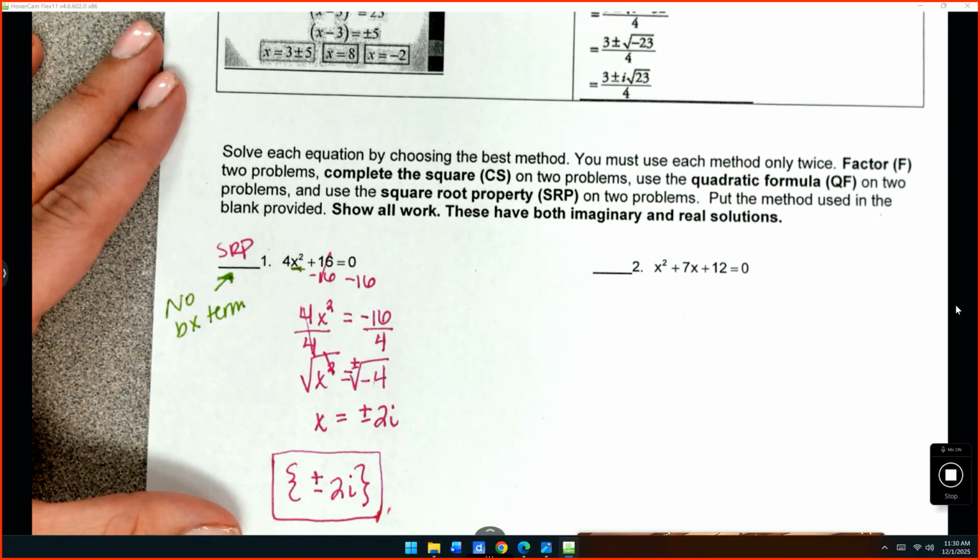And why am I going to do that? A equals 1. This doesn't factor. And b is an even number.